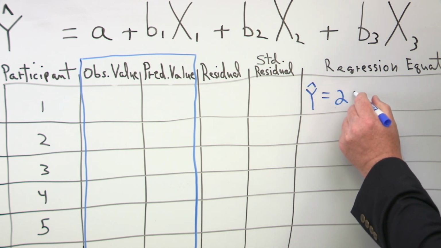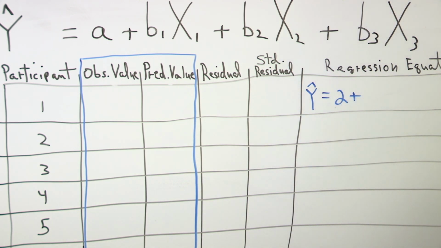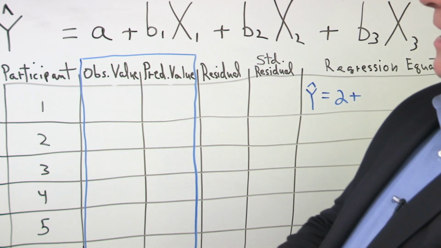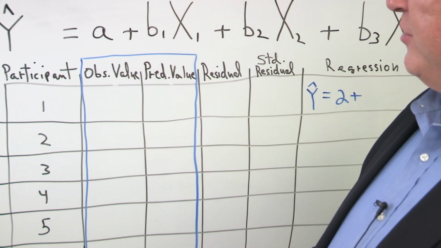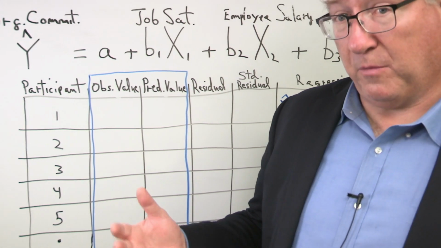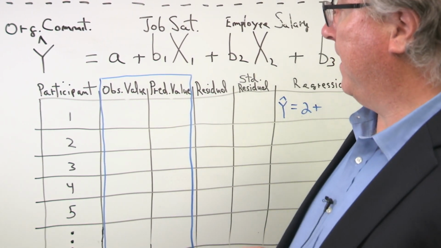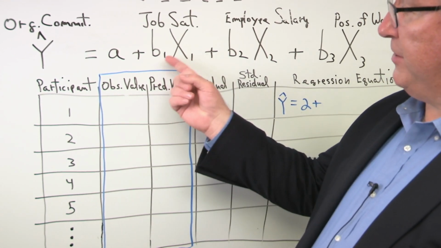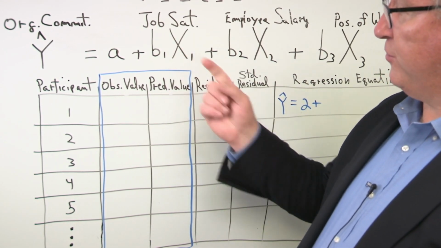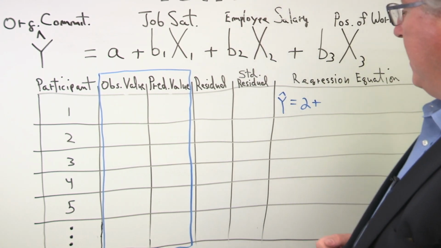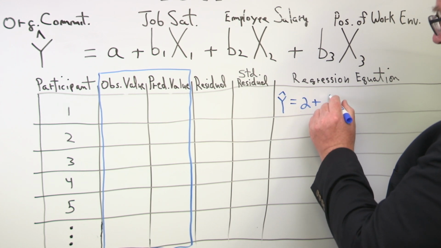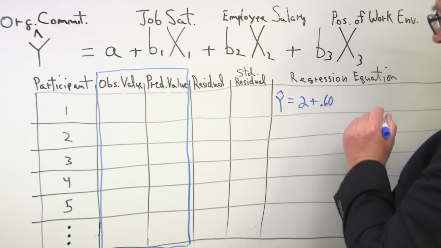Plus, let's say that the unstandardized regression coefficient value, B sub 1, for job satisfaction, our first predictive variable in the model, is 0.6. So we'll say 0.60.